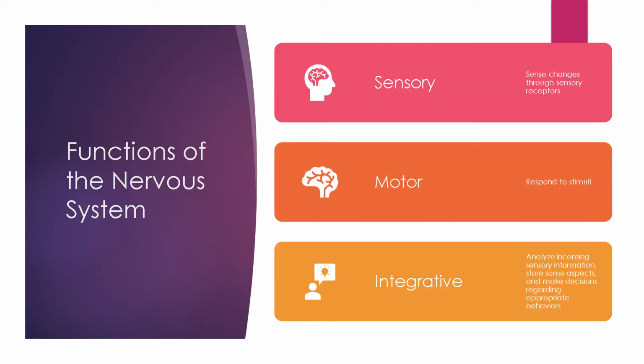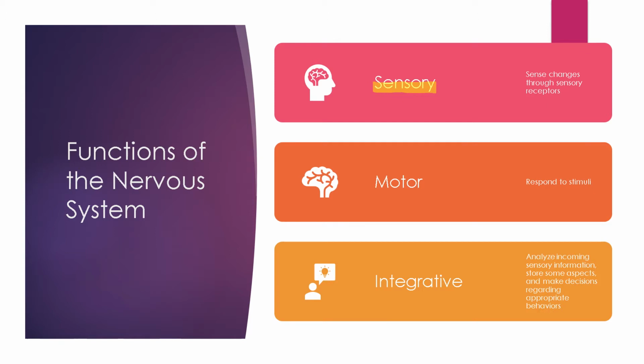Here we have the different types of neurons within the nervous system. So first we have sensory neurons. Sensory receptors will detect internal stimuli such as an increase in blood pressure, or sensory receptors attached to sensory neurons will also detect external stimuli like rain dropping on your arm.